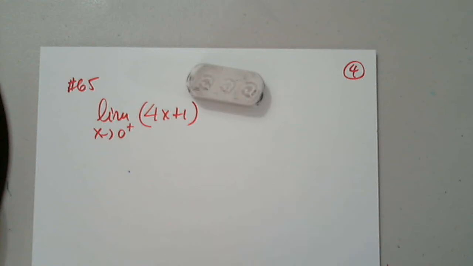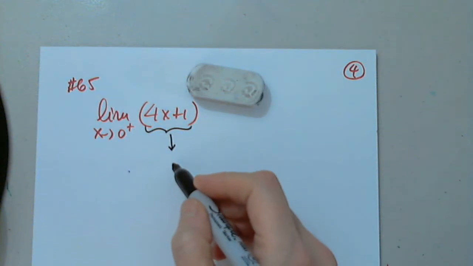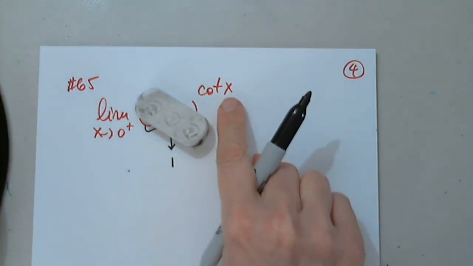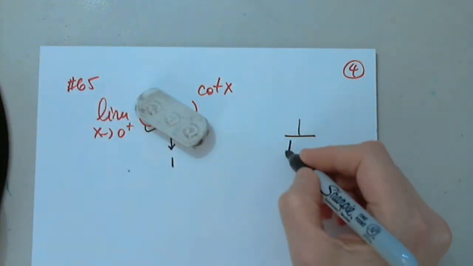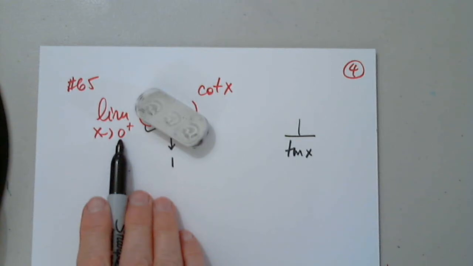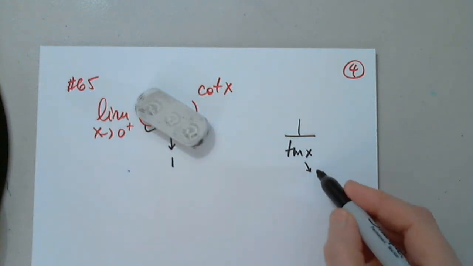So let's see, where is this going? 1. Perfect. Now let's discuss cotangent. Cotangent is 1 over tangent. When x approaches 0, where is tangent alone going? Is it 0? Yes.